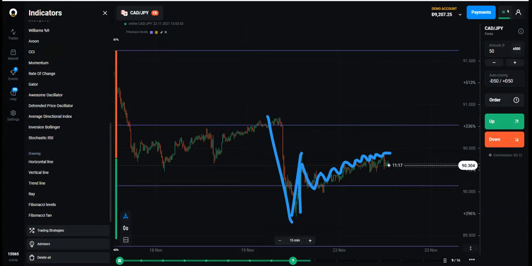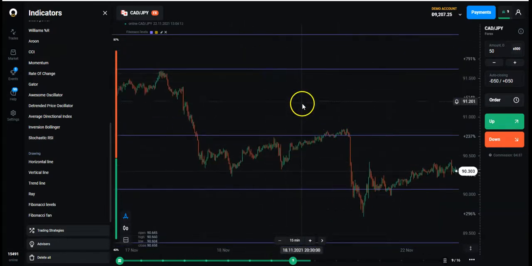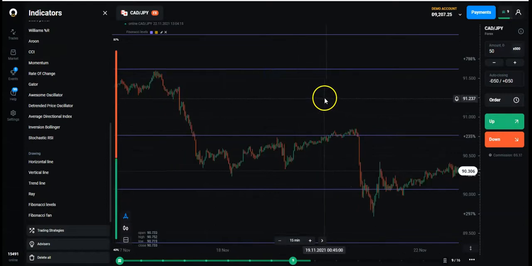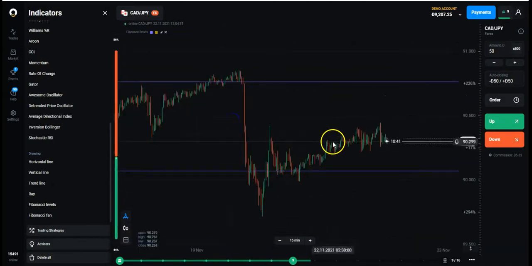I expect this forceful momentum down move to continue, and for the market to go down perhaps as low as the low that we've got here. Now, I don't know if that's going to happen, but at the moment that seems to be where the momentum is residing. That seems to be the likely probable scenario.